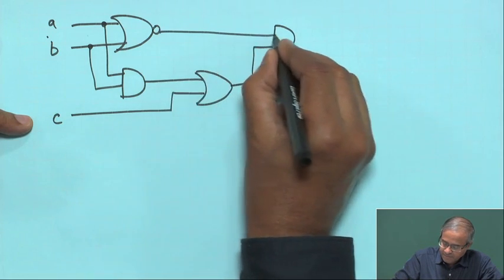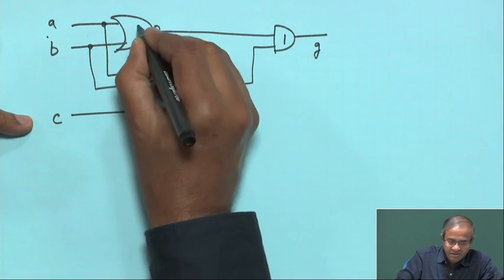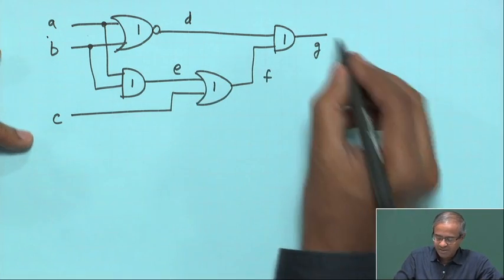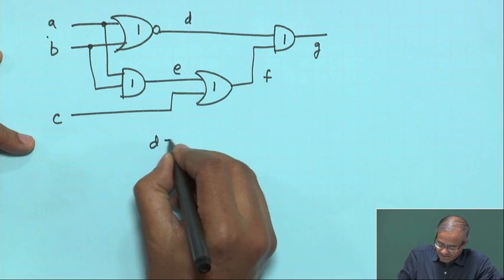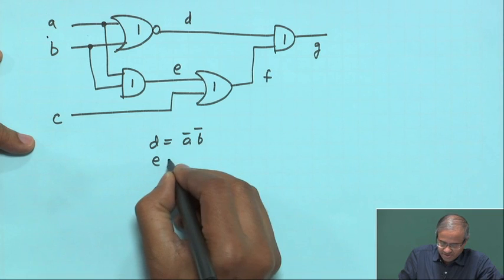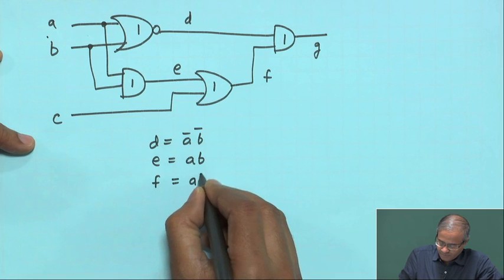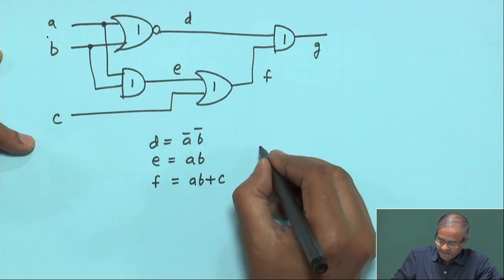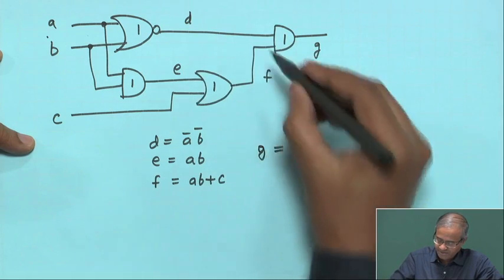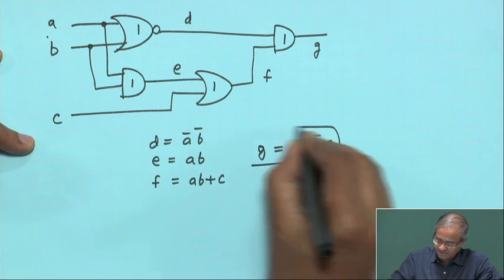This is G. These are the delays of the gates, all assumed to be 1. Let us call the outputs D, E and F. If you just calculate the output expression, D is A bar B bar, this I have already mentioned earlier, E is A B, F equals A B or C, and therefore G becomes AND of D and E, D and F. So, it becomes A bar B bar C, this is what G is. Okay.